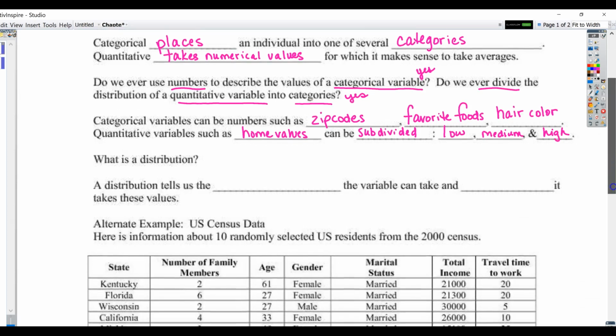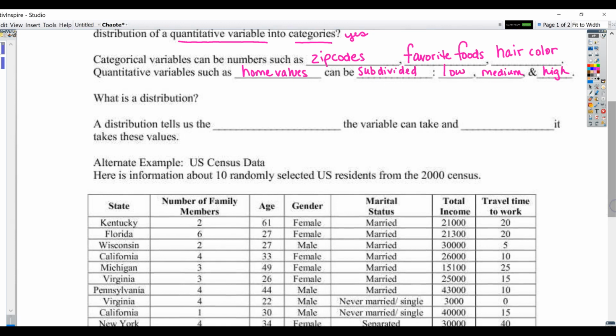Alrighty, moving along. What is a distribution? You will hear this term a lot. A distribution tells us the values, and it can actually be in words or it can be in numbers. But it's a description of the values that the variable can take and how often it takes those values.